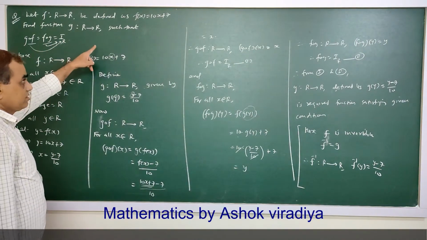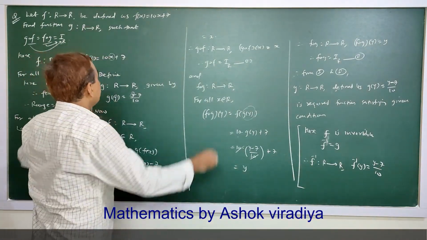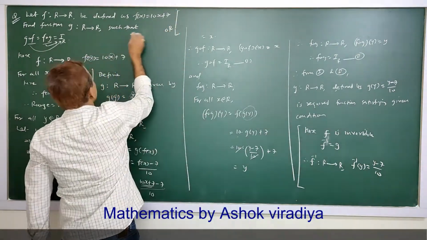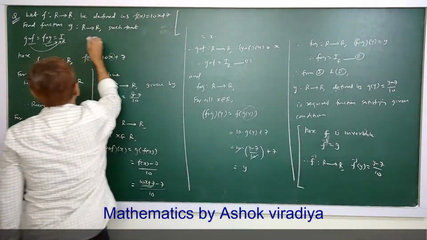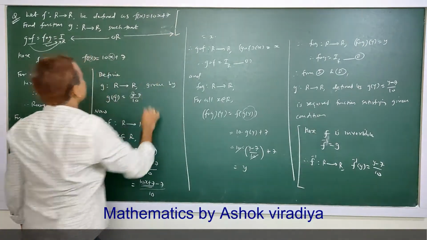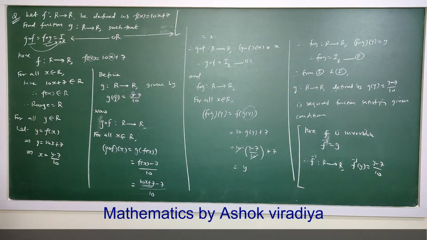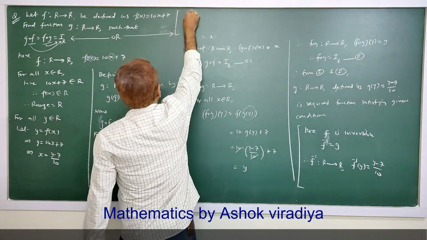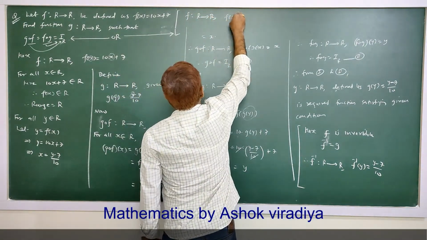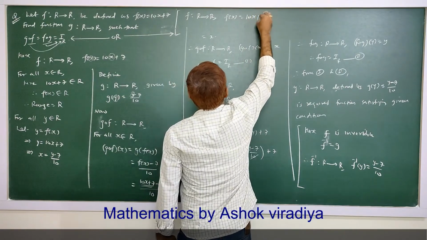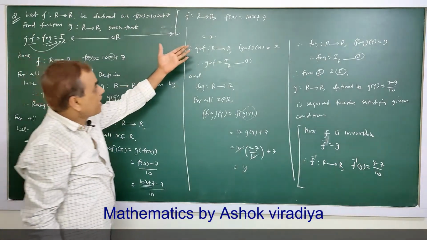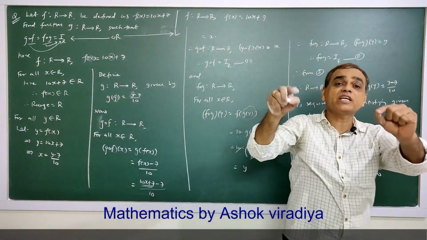So this question can also be asked in these words: f is from R to R, f x equal to 10x plus 7. Prove that this function is invertible.